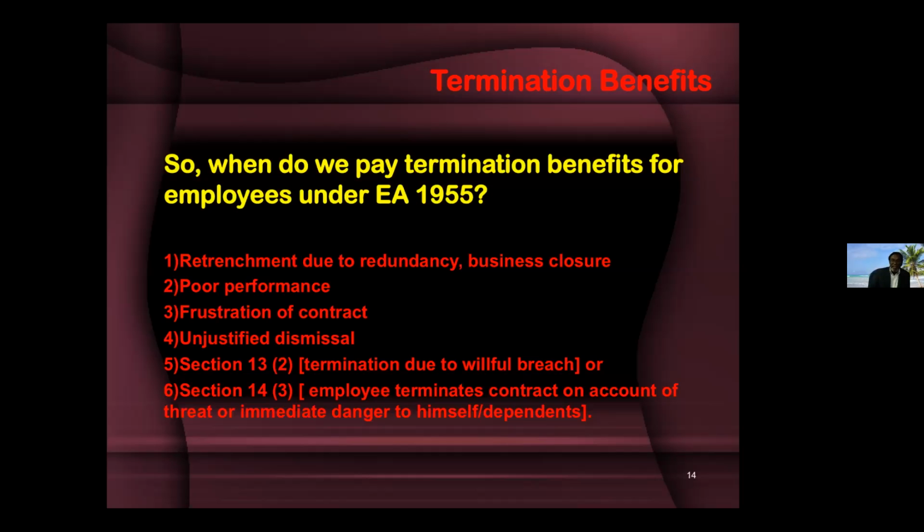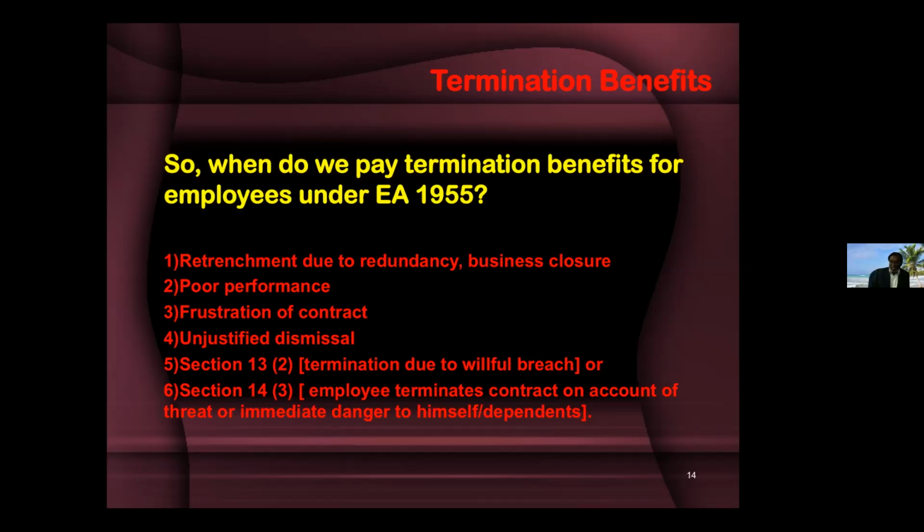As I mentioned earlier, Section 14(3), where the employee terminates himself on account of threat or imminent danger. He feels his office is no longer a safe working environment. Maybe there are predators, sexual harassment going on and so on, and he finds it no longer safe to work in that kind of environment.